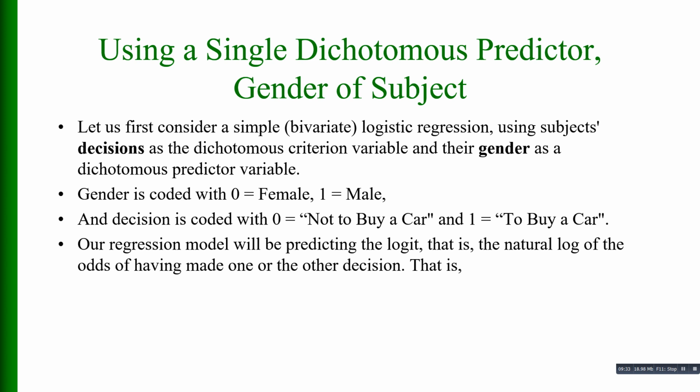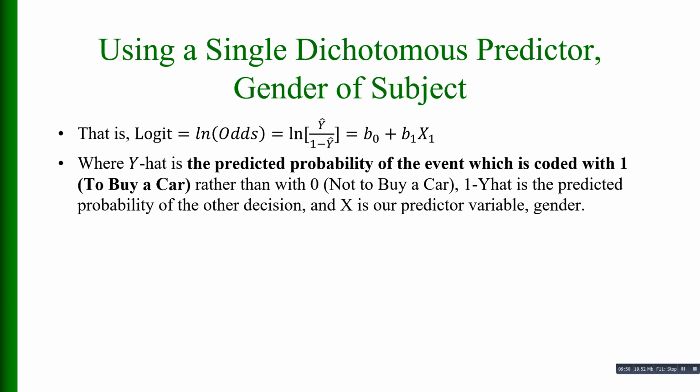And our regression model will be predicting the logit, that is the natural log of the odds of having made one or the other decision, and we can write this logit is equal to natural log of odds, and that is equal to natural log of estimated or predicted probability that the event will occur to the probability that it will not occur, and that is equal to B0 plus B1 x1.